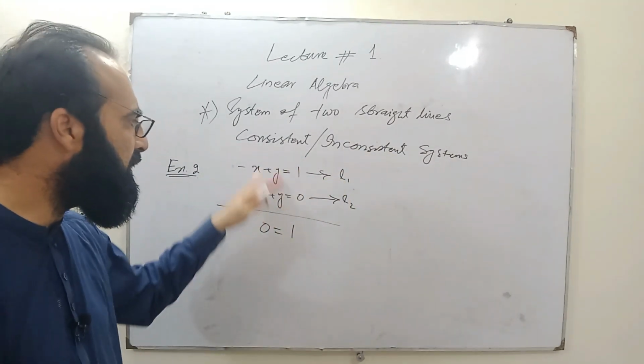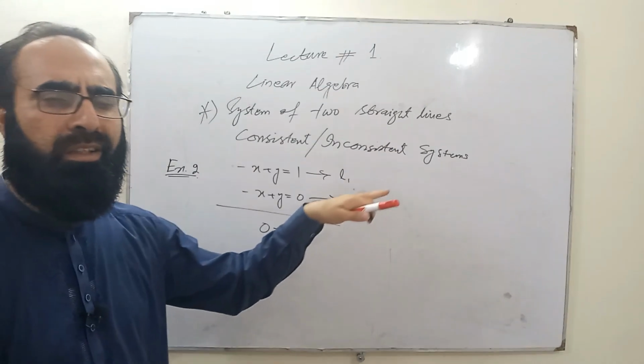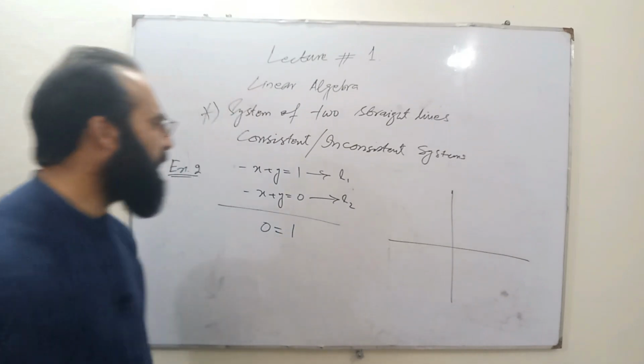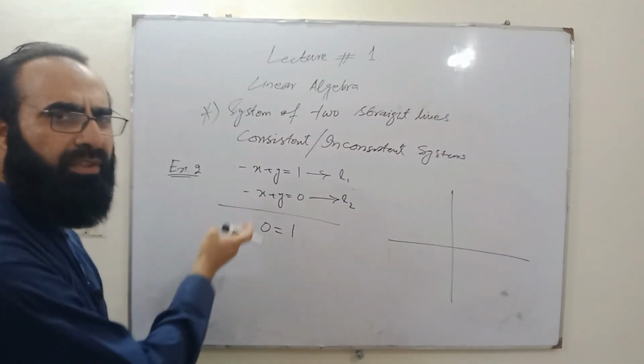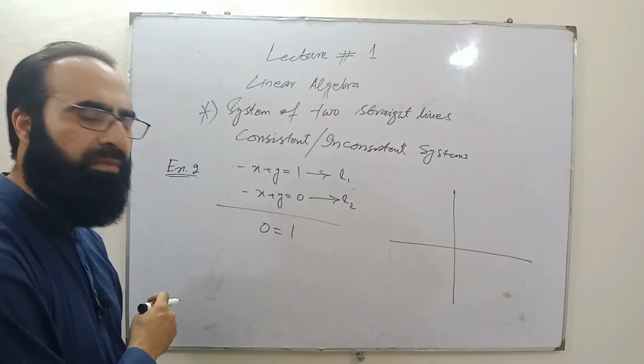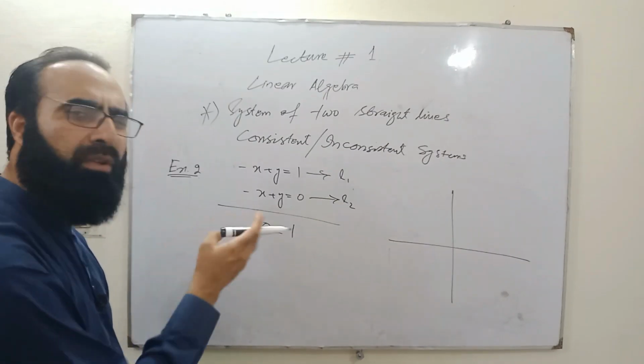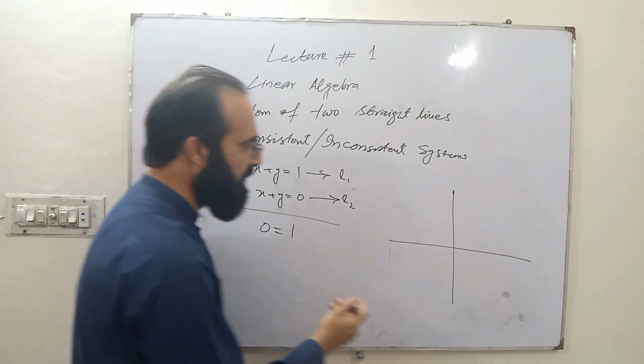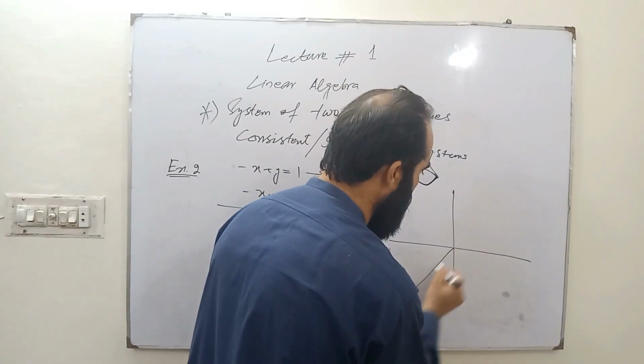Now let's draw these two straight lines in the xy plane. Use the previous technique to draw the graph of these two straight lines. You have to find the intercepts of these two straight lines and you will obtain this graph.